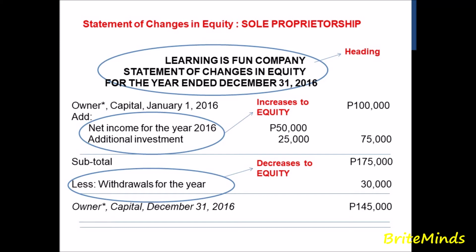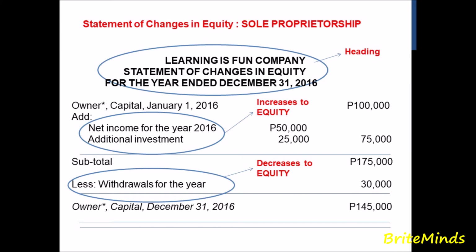For financial statements like the statement of comprehensive income, statement of changes in equity, and the statement of cash flows, the date should be written with the words for the year ended. And then write down the beginning capital of the owner, like for our example, January 1, 2016.